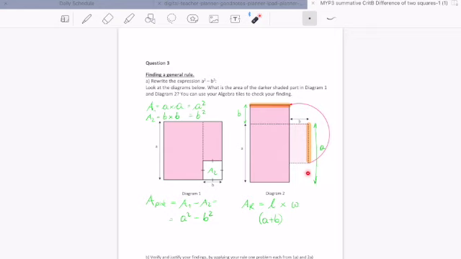So let's think about what is this tiny little part here? What is it? So this part here. What is this part here? This part here is the same as this part here. This one and this one are equal. What is this one?